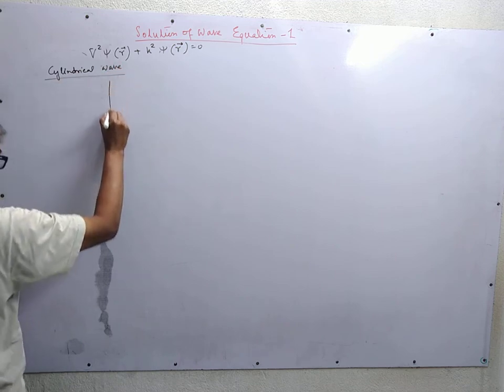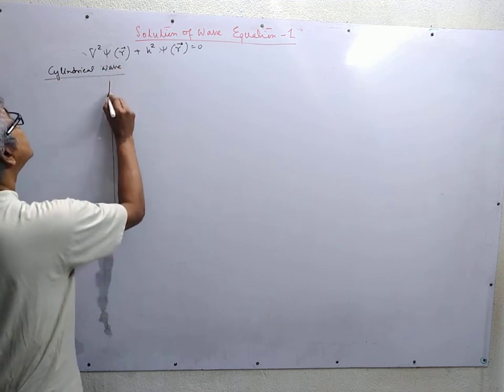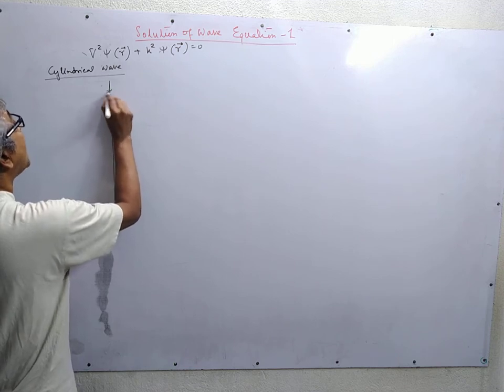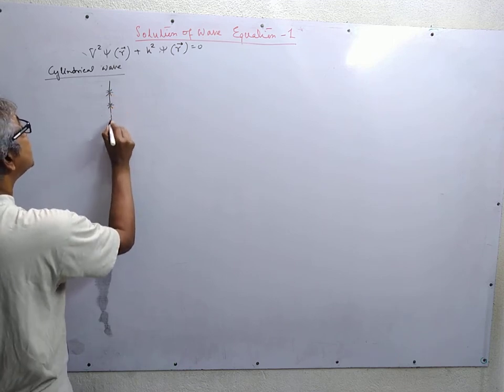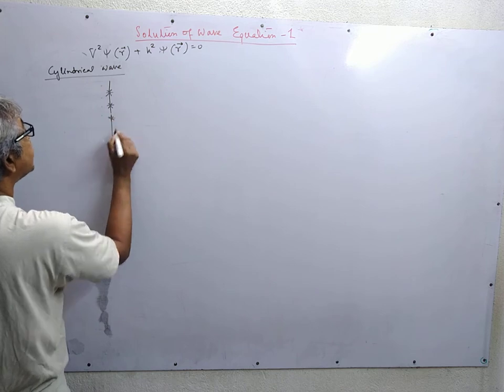So if we consider this as the axis, and on this axis we place identical point sources, these are the wavefronts that are being generated.